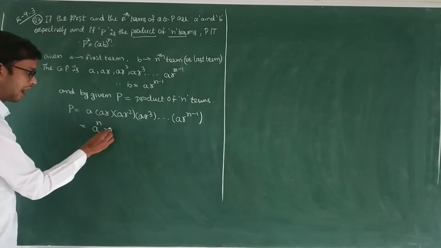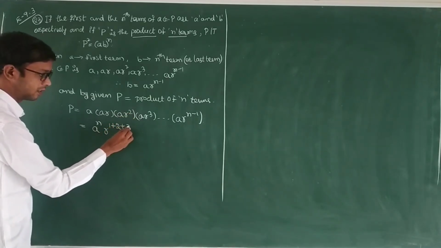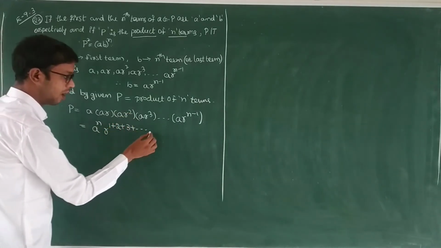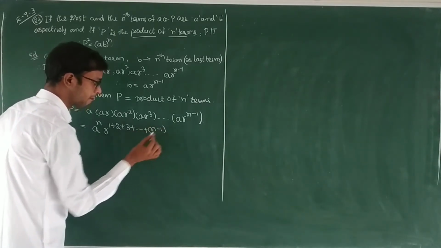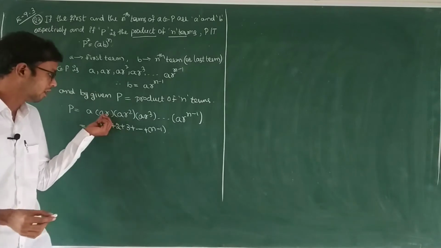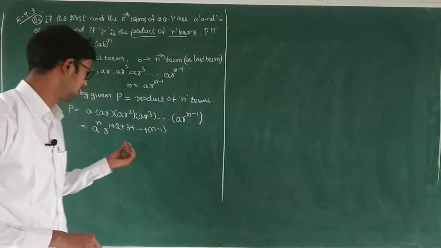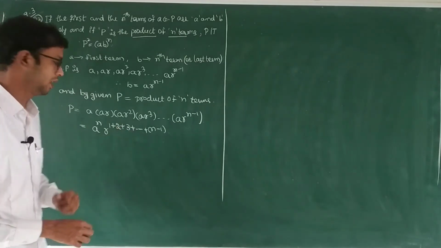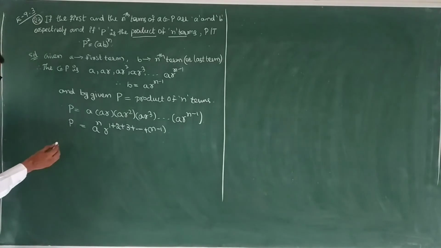And here R power 1 plus R power 2 plus R power 3 and so on. Why? Because bases are equal, power should be added, the condition I am using. So this is the capital P.